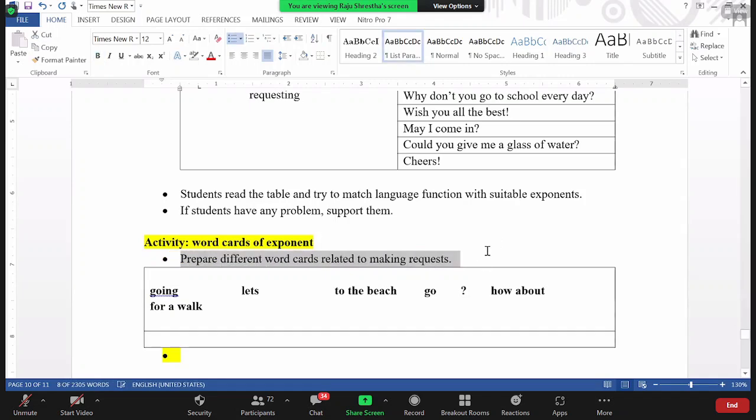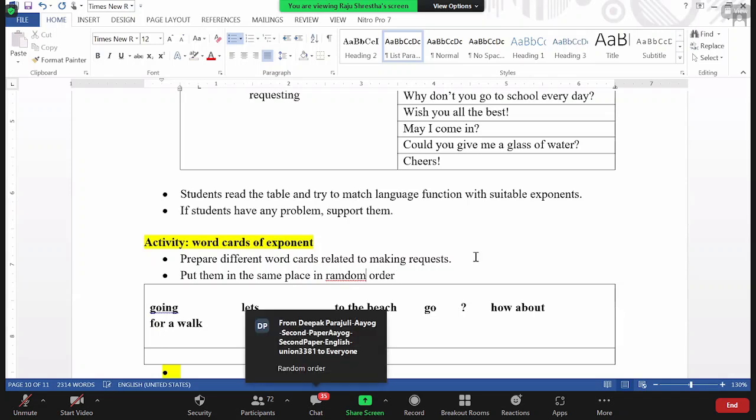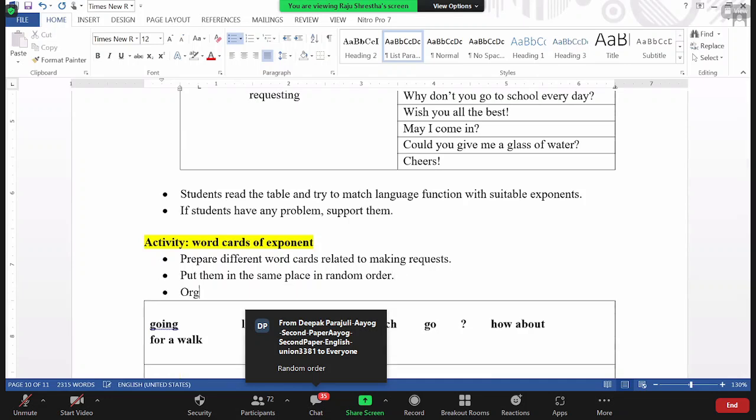And what happens then? Put them in a mixed place, put them in the same place in random order. Organize students into different groups.